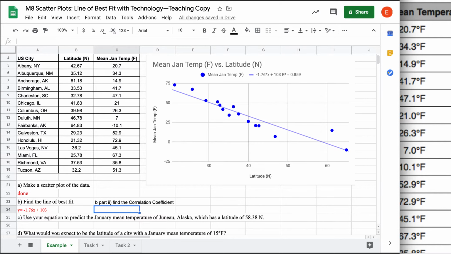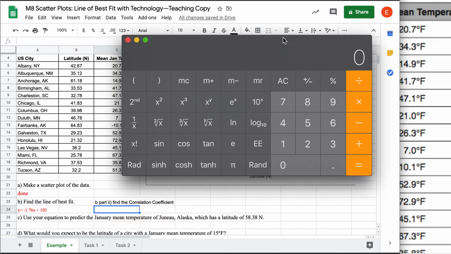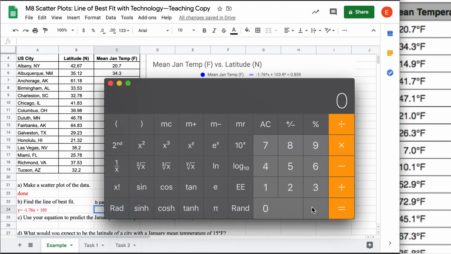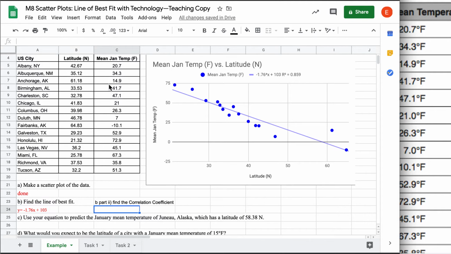We're going to take 0.859 and square root it, and we get 0.9268.